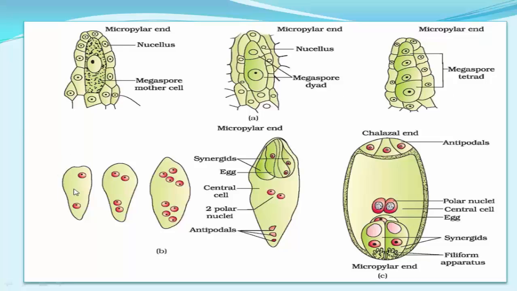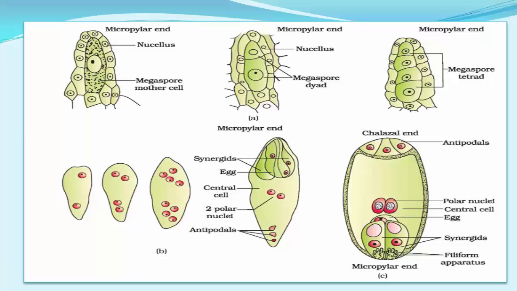The nucleus of the functional megaspore undergoes free nuclear divisions. The term is very important. That means only the nucleus is undergoing repeated mitotic divisions because it has to keep the same chromosome number, and these divisions are free nuclear divisions.